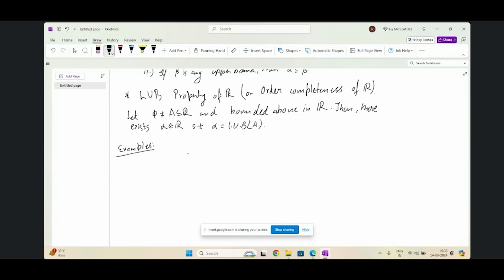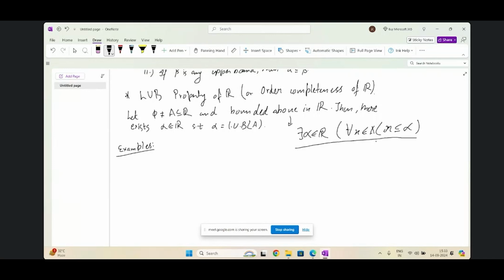Yeah, correct, Ram Shankar. So basically, when do we say bounded above? There exists alpha belonging to R such that given any x belonging to A, x is less than or equal to alpha. So this is what it means to say bounded above in R.